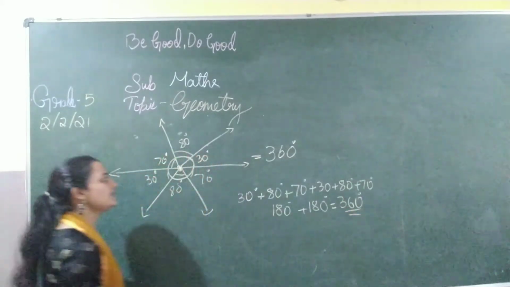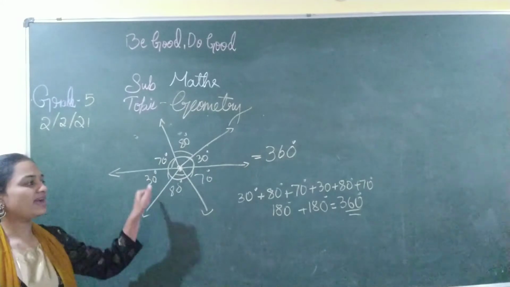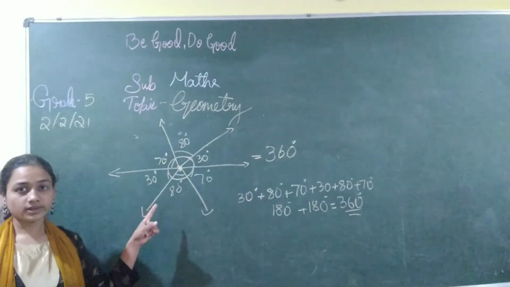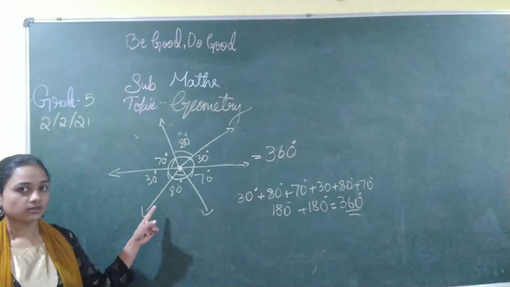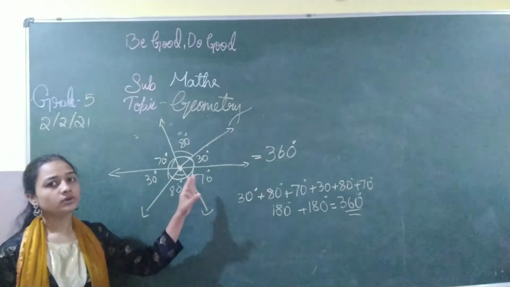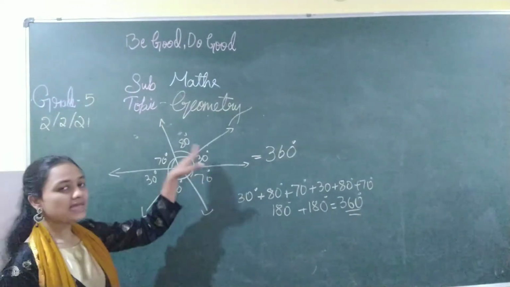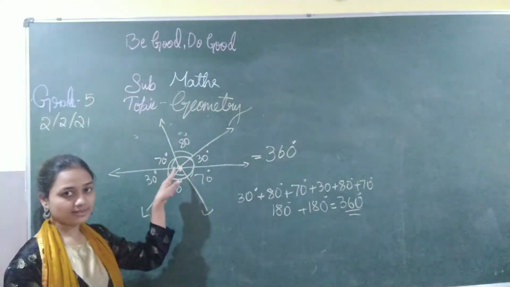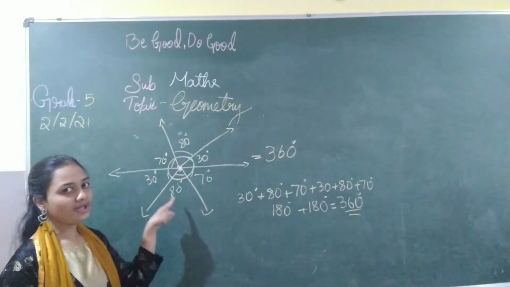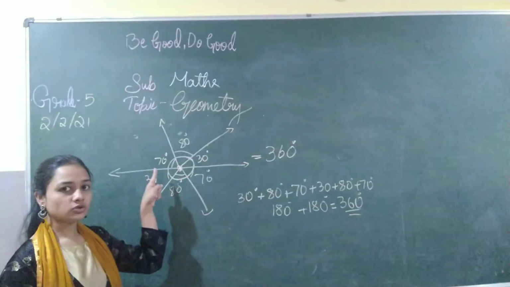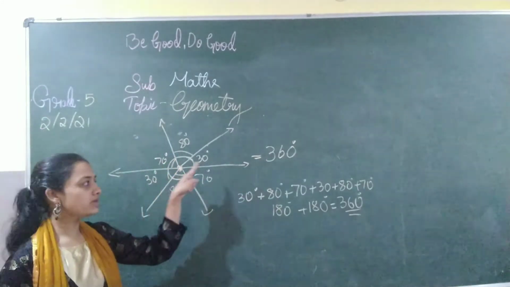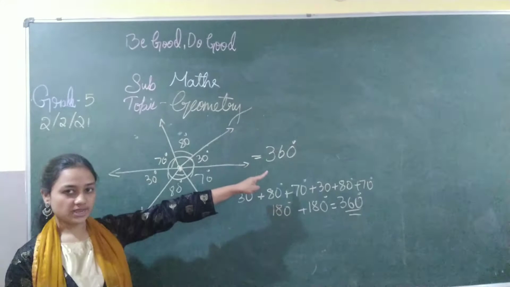So you can see all the angles when we add it is equal to 360 degrees. This is very important, so please understand this properly. Whenever you have many angles around one single point, remember that the sum of all the angles should always be equal to 360 degrees.